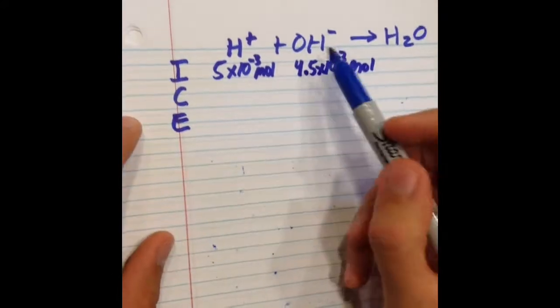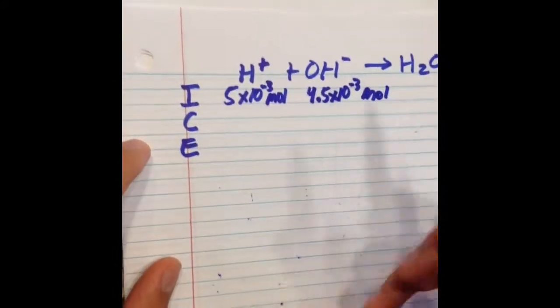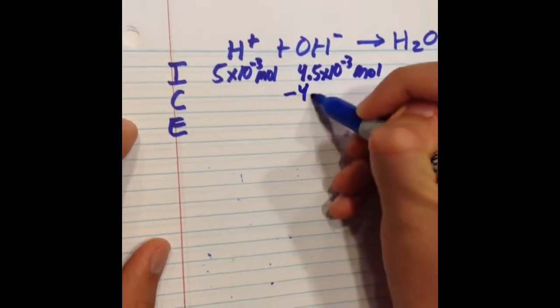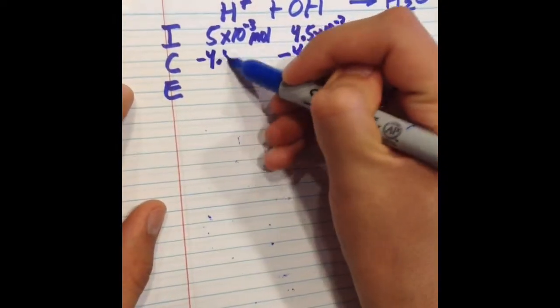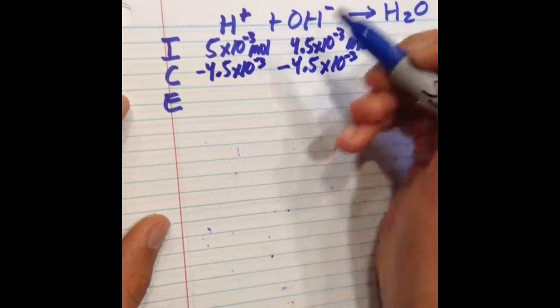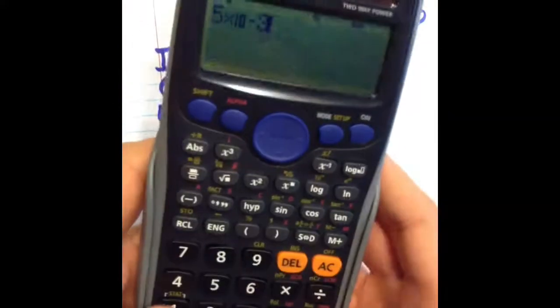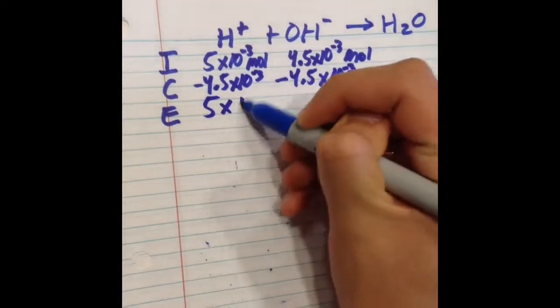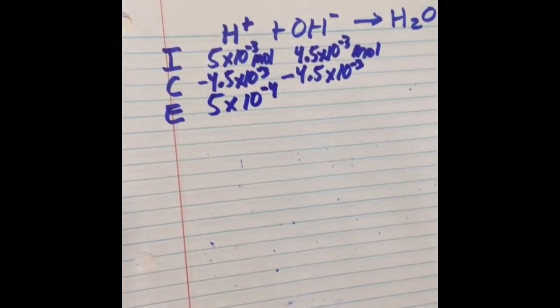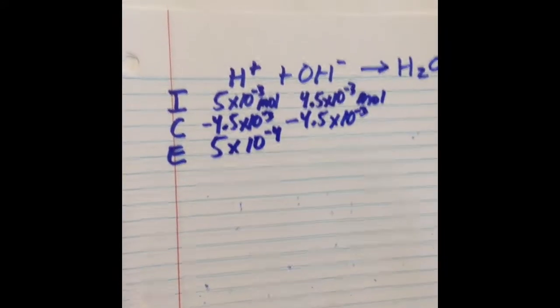We see here that OH- is the limiting reactant, so we subtract. 5 times 10 to the negative 3 minus 4.5 times 10 to the negative 3 gives us 5 times 10 to the negative 4.